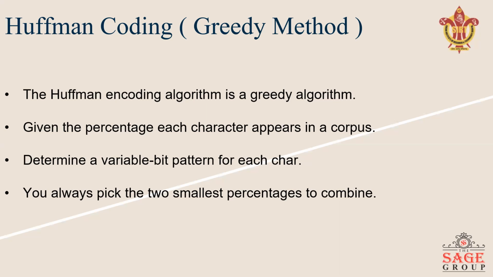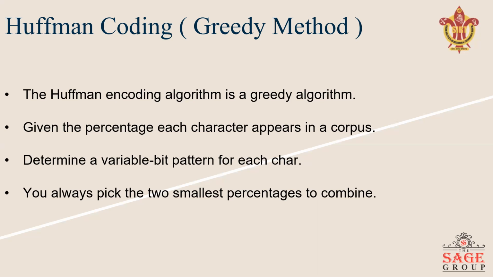Okay, so how do we perform Huffman coding? In the Huffman encoding algorithm, we are given the percentage mix of each character that appears in a corpus. Meaning, in a given input string, we have some values as input: how many characters are present in that string and what is the number of appearances of each character in the input string.